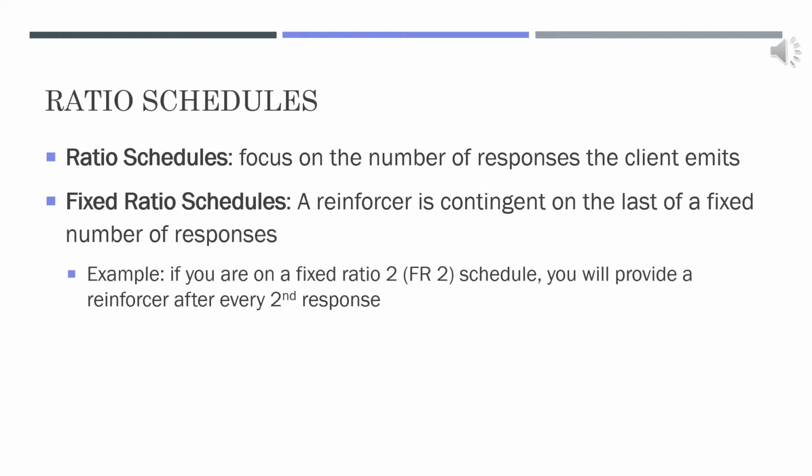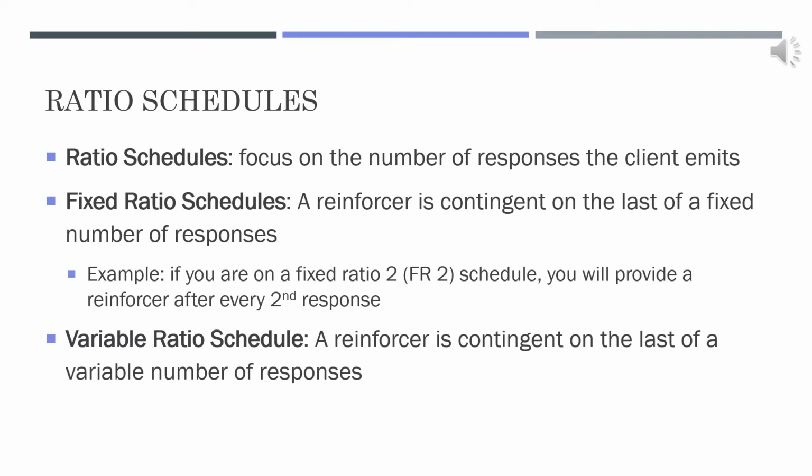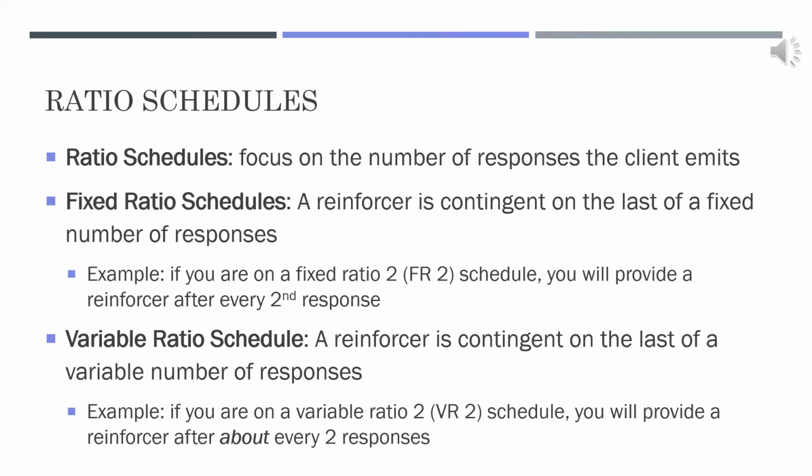Another type of ratio schedule is a variable ratio schedule. A variable ratio schedule is when the reinforcer is contingent on the last of a variable number of responses. For example, if you are in a variable ratio of 2 or VR2 schedule, you will provide a reinforcer for about every 2 responses.